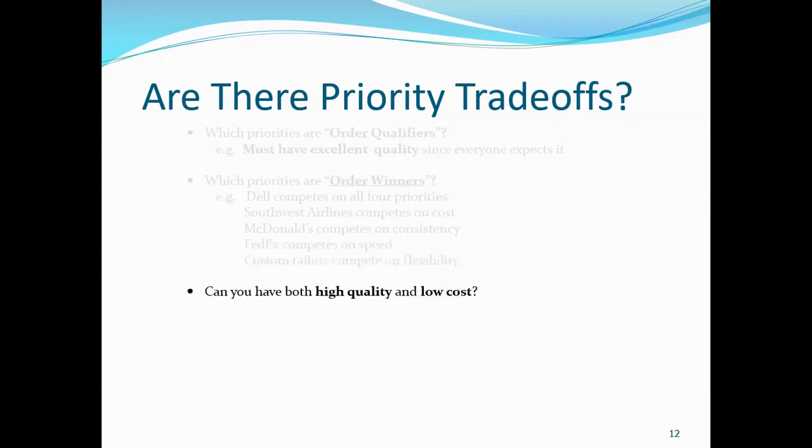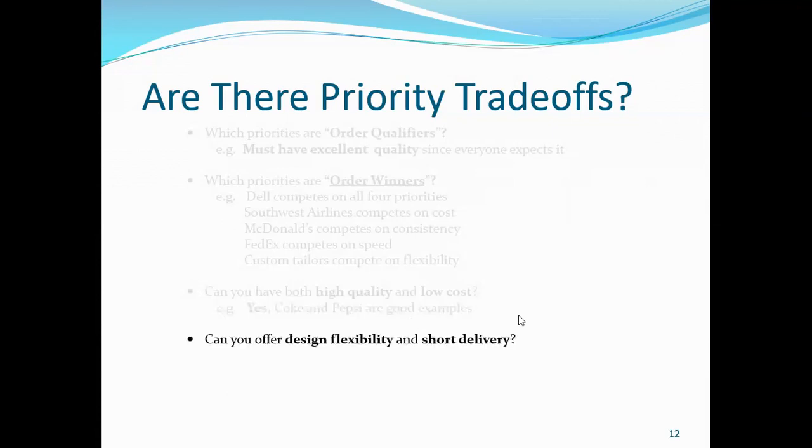So can you have both high quality and low cost? Like I already told you guys, yes. Coke and Pepsi are good examples, and Toyota. And then can you offer design flexibility and short deliveries? Yes, but difficult. Some modular housing manufacturers can do it.